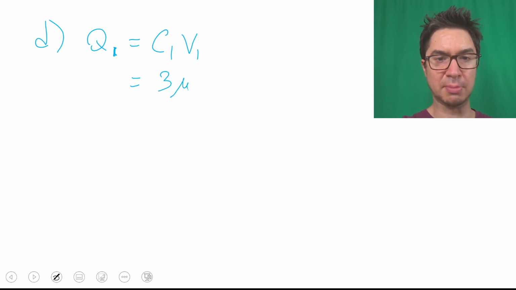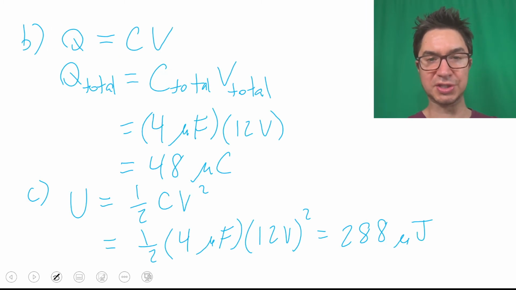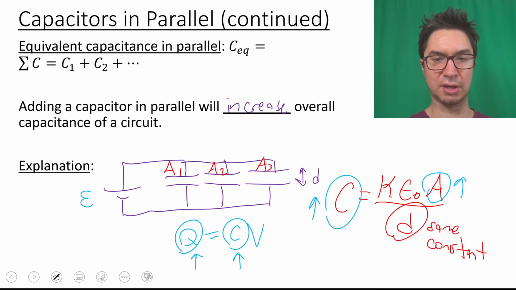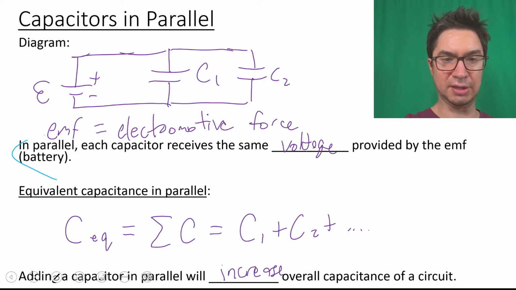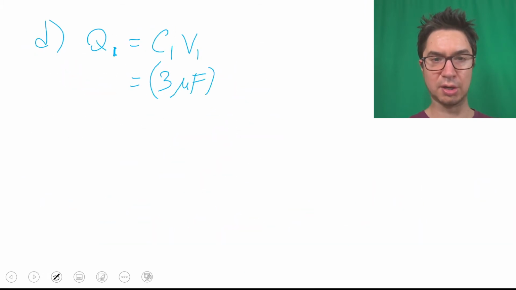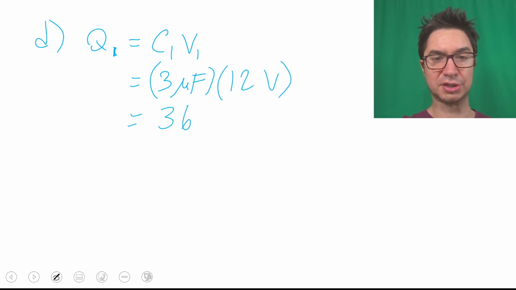So 3 microfarads times the voltage. Now, like we said, in parallel, every capacitor gets the same voltage, right? We said that right here. In parallel, each capacitor receives the same voltage. So going back to our calculation, the voltage across the first capacitor will just be 12 volts. So 3 times 12 is going to be 36 microcoulombs of charge.